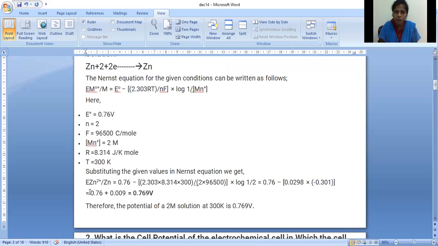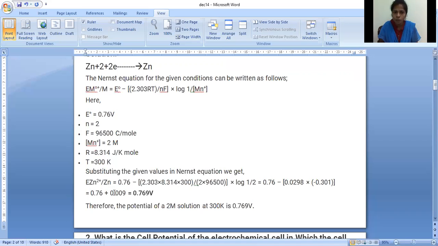E is equal to E naught. What is E naught? 0.76 minus 2.303 into R, 8.314, into T, the 300 Kelvin, divided by N is 2, F is 96,500, into log 1 by 2.